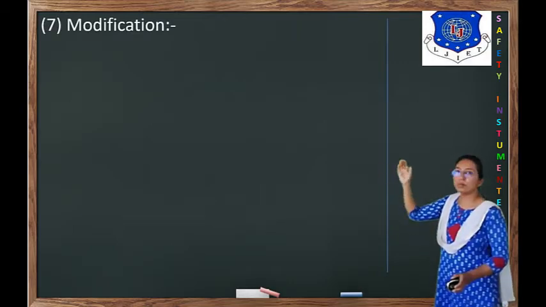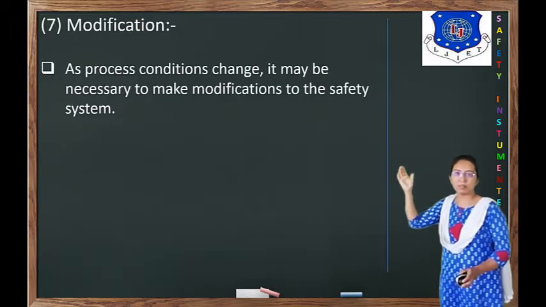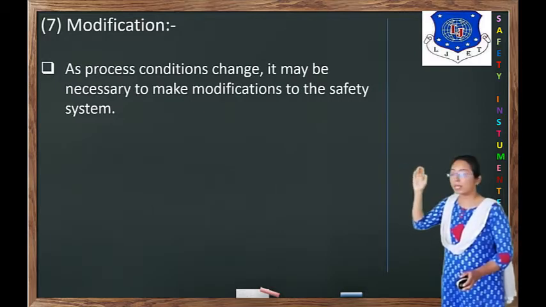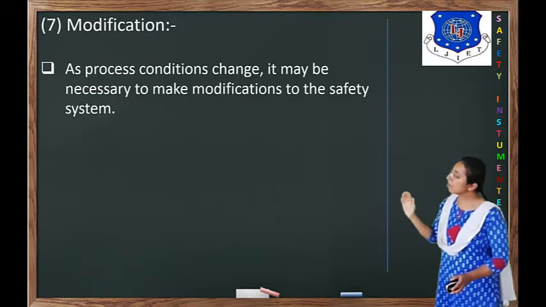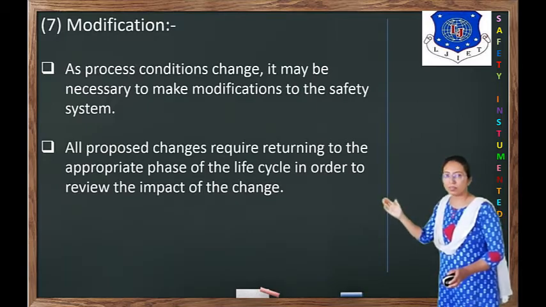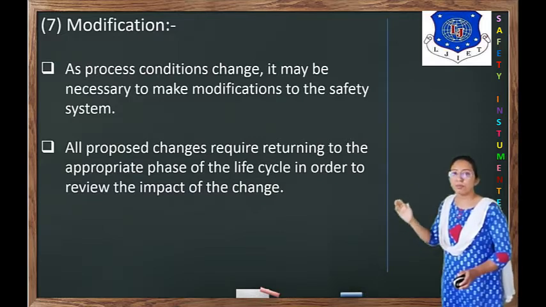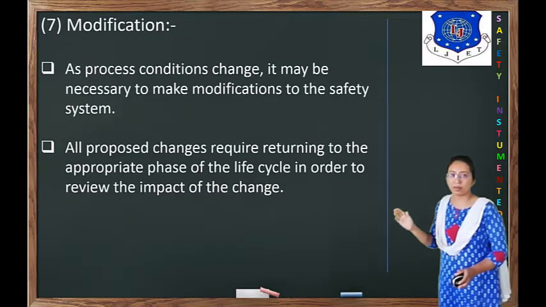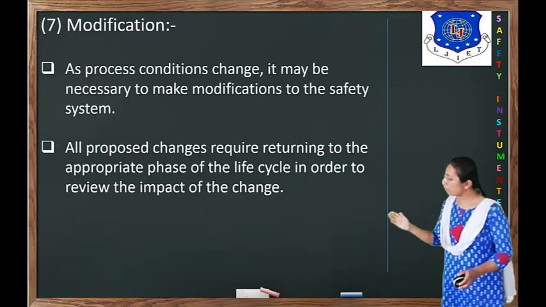Number 7, modification. As process conditions change, it may be necessary to make modifications to the safety system. All proposed changes require returning to the appropriate phase of the life cycle in order to review the impact of the change.